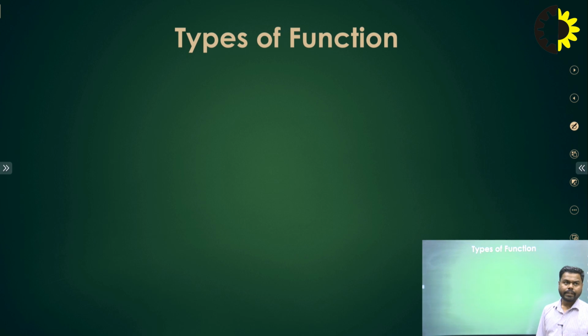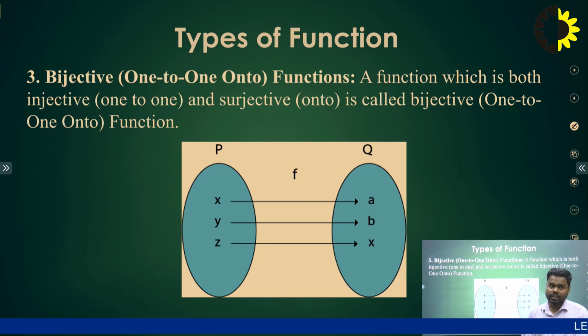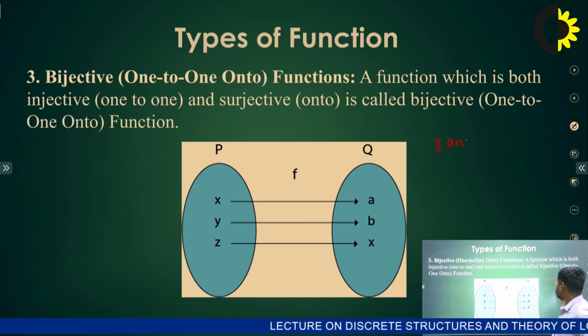Okay, next, bijective function: 1 to 1 and onto. In the previous slide we learned what an onto function is, so now we are learning what bijective is. 1 to 1 and onto means it is both injective and surjective, which is known as bijective, meaning it is 1 to 1 and the range is equal to the codomain. What is the range of function Q?